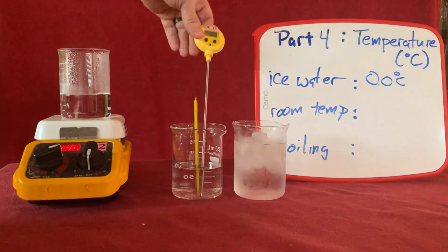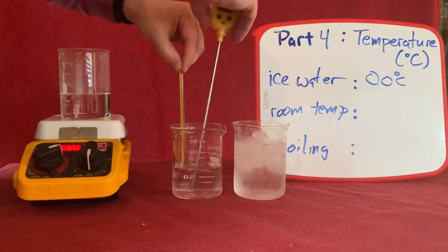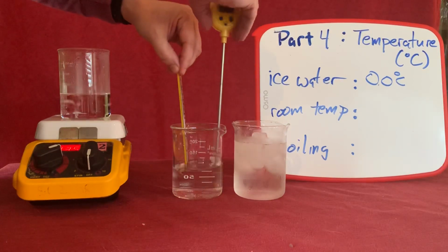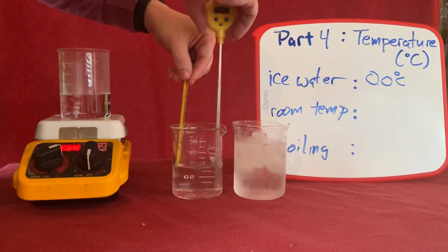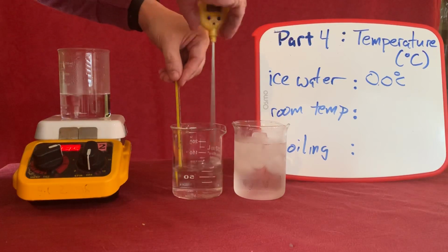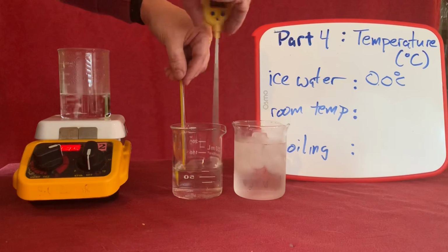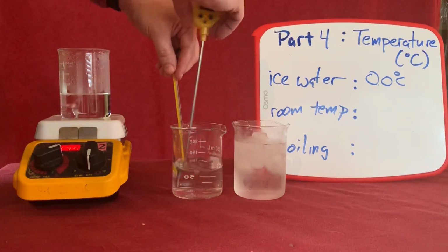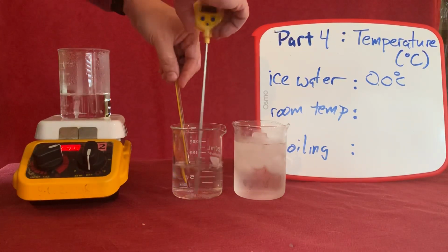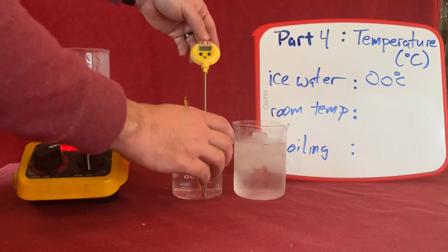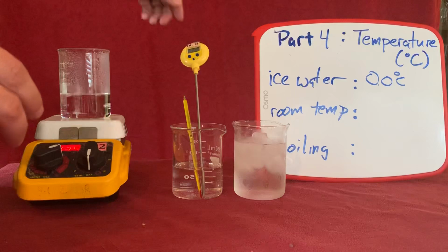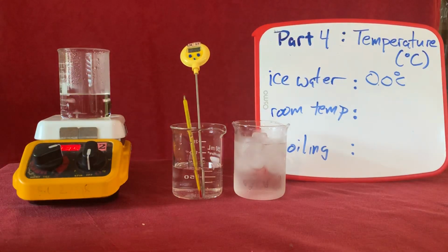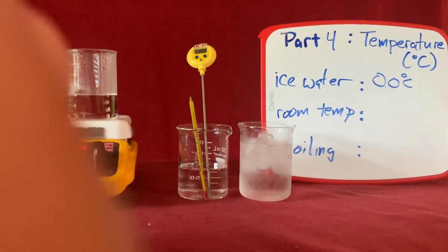All right, now we'll do the same thing. Stir this around and let it equilibrate. Let's take a look at where this measurement is.